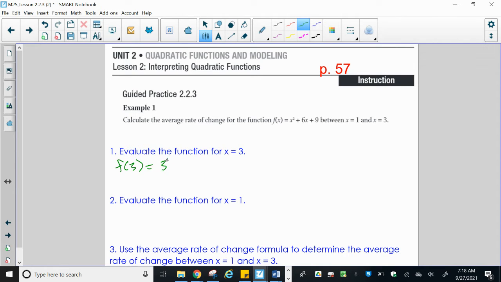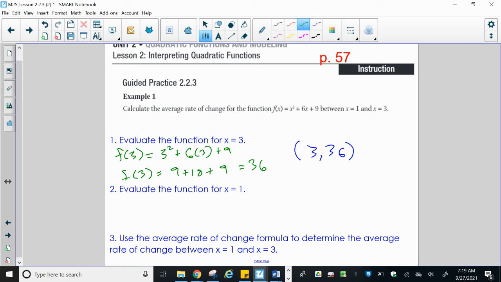So we substitute in 3. So we have 3 squared plus 6 times 3 plus 9. So 9 plus 18 plus 9. And that would give us 36. So our point, or ordered pair, is at (3, 36) for the x value of 3.